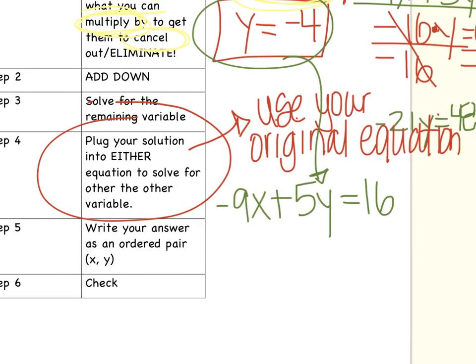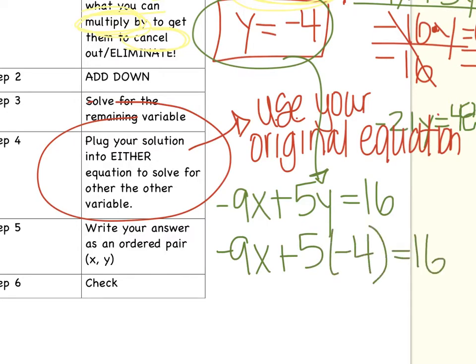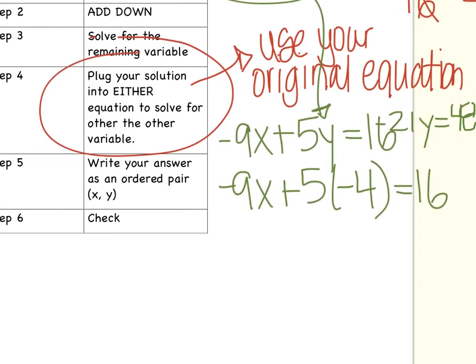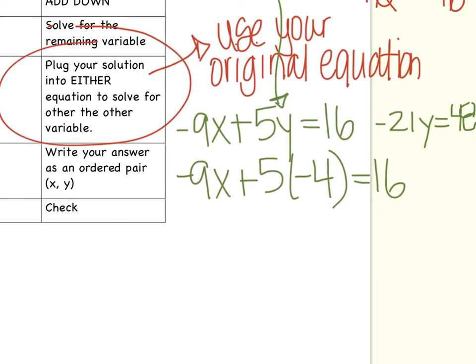So I have negative 9x plus 5 times negative 4 equals 16. I'm going to do the math. 5 times negative 4 gives me negative 20. And again, I'm going to bring everything else down, so I'm going to bring down my negative 9x equals 16.